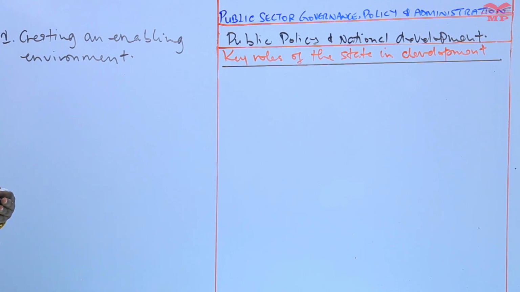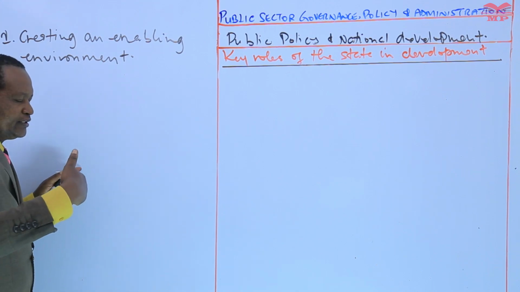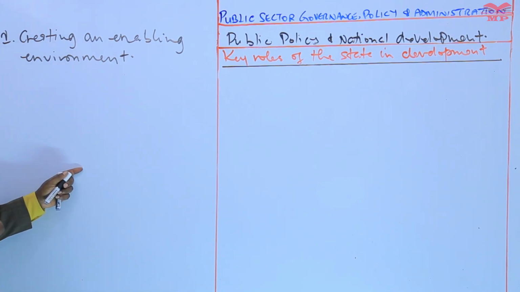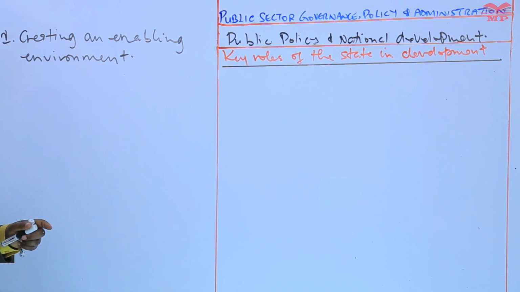The state plays a crucial role in establishing the legal and regulatory framework that underpins a functioning market economy. It is the role of the state to put in place laws, regulations, and rules that can enable the citizens to do business.